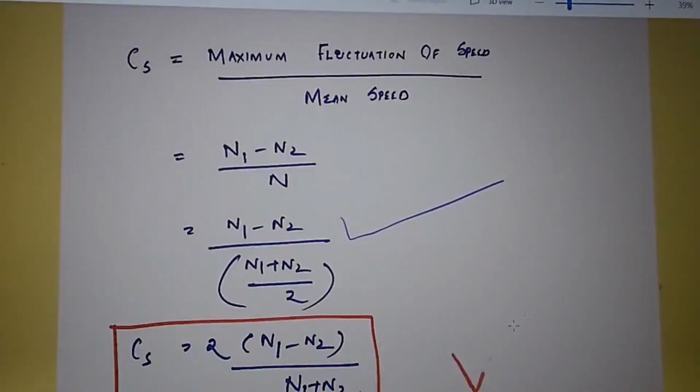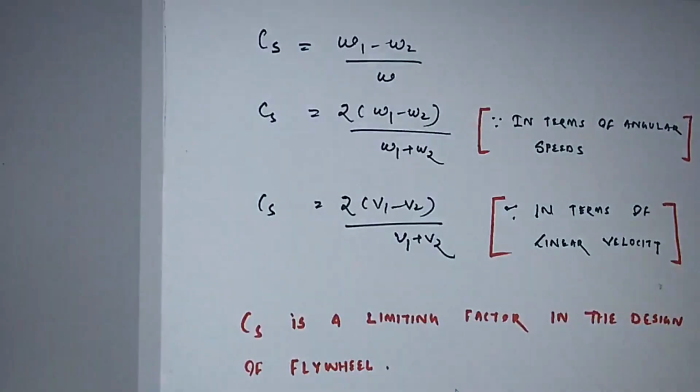So this is the expression for the coefficient of fluctuation of speed, that is 2 into (N1 minus N2) divided by (N1 plus N2). Similarly, we can find it in terms of angular velocity also. Cs is equal to (omega 1 minus omega 2) divided by omega, that is 2 into (omega 1 minus omega 2) divided by (omega 1 plus omega 2).